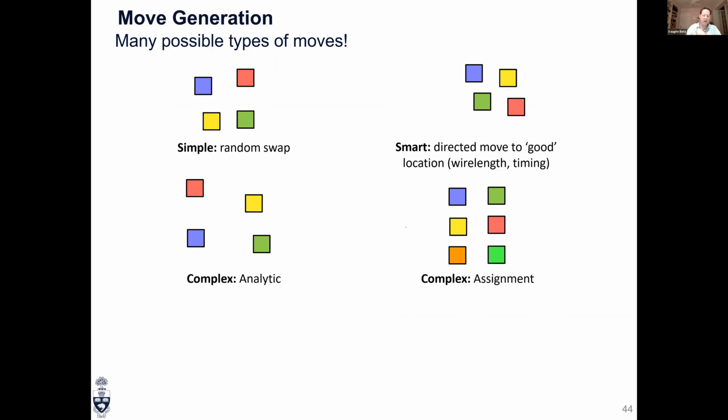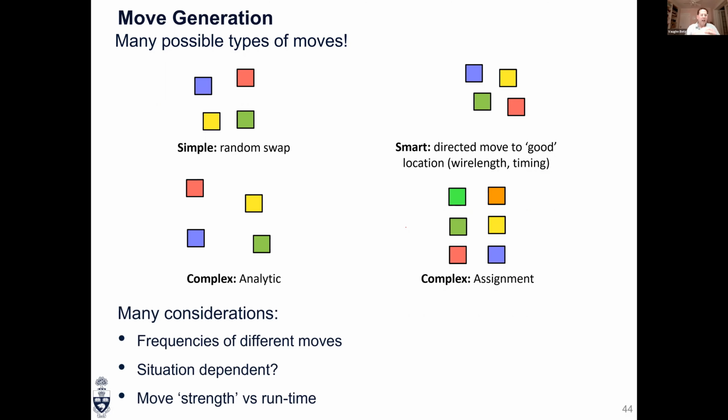So we could run that on a portion of the placement as well. And any one of those could be considered a move. So traditionally, many of these haven't been considered moves in simulated annealing, but we want to think of them all as moves in simulated annealing. But as you expand your menu of what you can do for perturbations this way, you've got a lot more parameters. How often should you make different moves? Should that depend on the circuit, or how far are you along in the anneal, or other things that are happening?